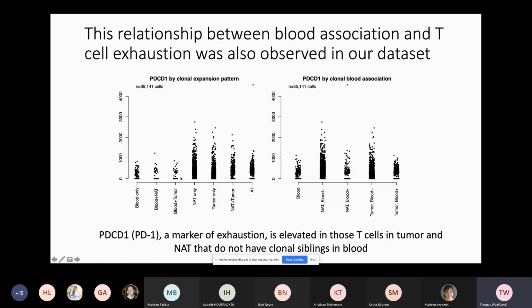In fact, if the clone also had a sibling in blood, it was much less likely to be expressing PD1. Again, supporting this idea that it's the peripheral T cells that are supplying fresh, non-exhausted clones to the tissue.